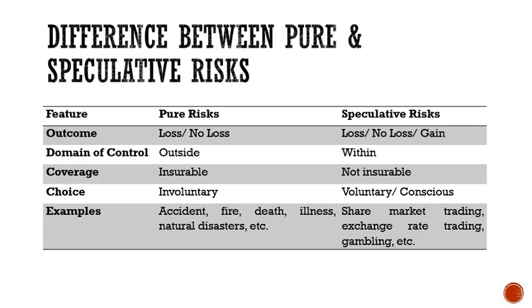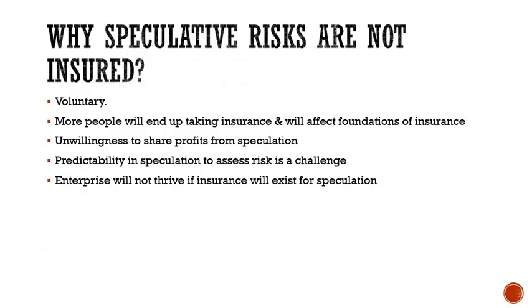Coming back, the focus of insurance is on pure risks. If speculative risks are focused, then it will lead to the following problems. Speculative risks are voluntary. If insurance compensates these losses, then more and more people will end up in speculations, which will lead to considerable losses and will destroy the very essence or purpose of insurance.